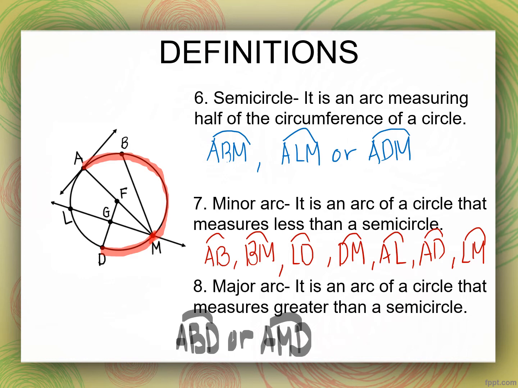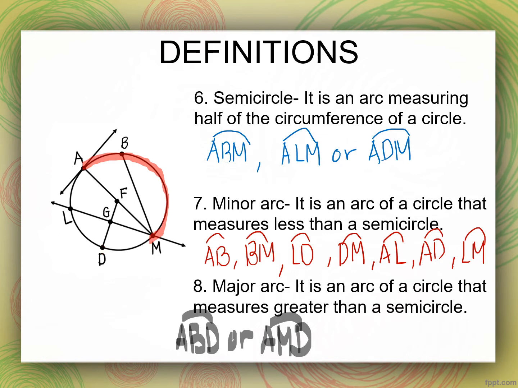If we use the other side of the diameter, the other semicircle, like arc ALM, arc ALM is a semicircle. So if we add a minor arc, then we will produce a major arc.